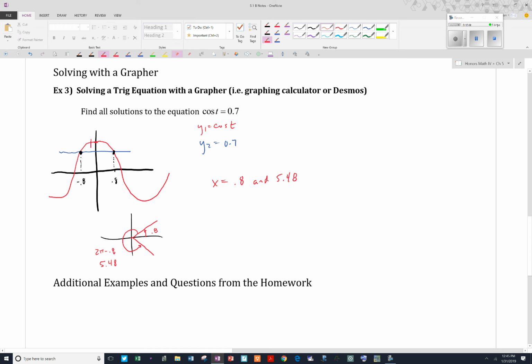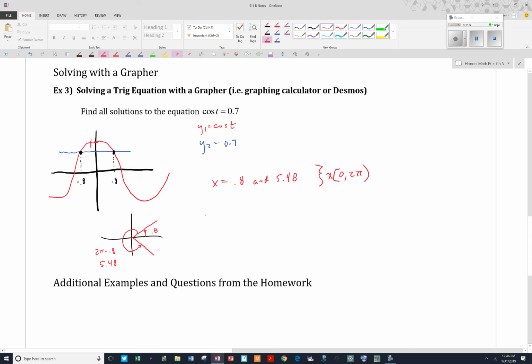It's only positive because it's positive 0.7. Cosine is only positive in the first and fourth quadrants, which is where we're getting those solutions from. All right, now that's asking us, this should be on the interval from 0 to 2 pi. But it's asking us for all those general solutions.